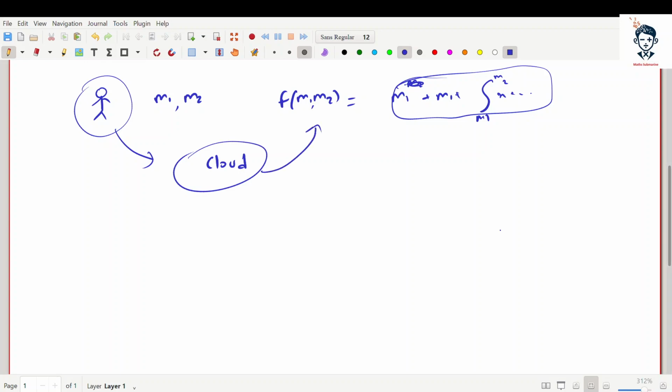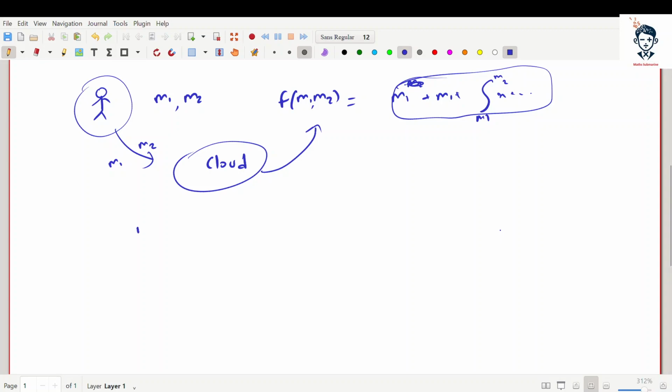This is the main idea. But here the privacy of the data should be maintained. That means he cannot directly give the plain text M1 and M2. But what else he will do? He will make the ciphertext. He will encrypt this message and then send it to the cloud.